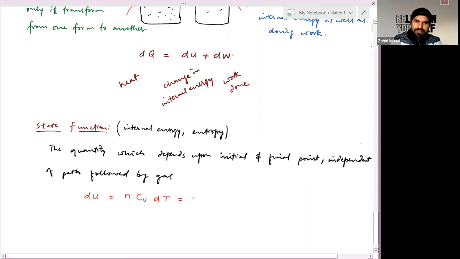So it equals n f by 2 R dT, which is also equal to nR dT divided by gamma minus 1. So it will be equal to (P initial V initial minus P final V final) divided by gamma minus 1. So you may use these different formulas to find internal energy.